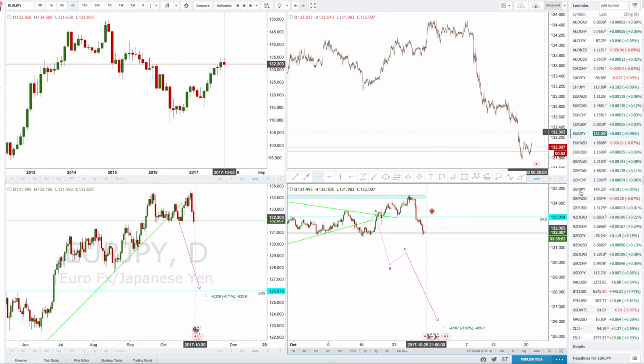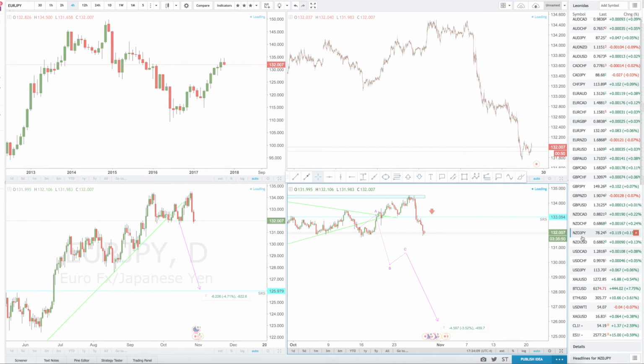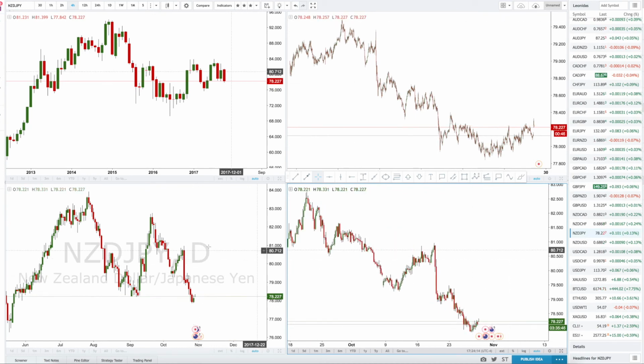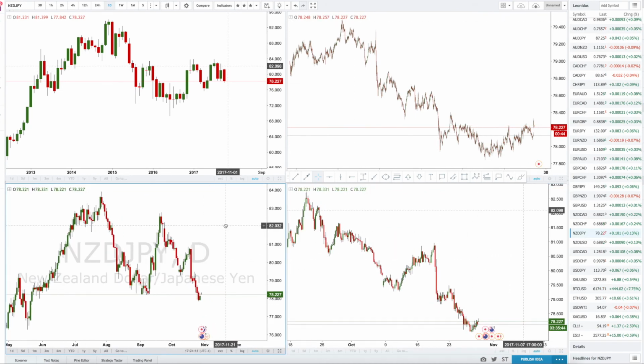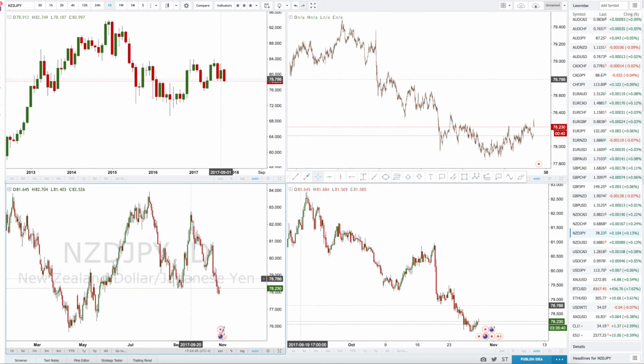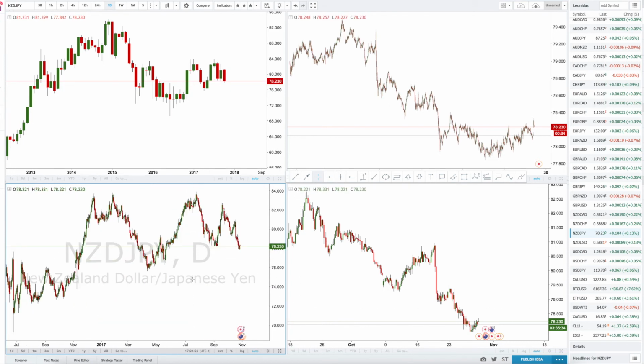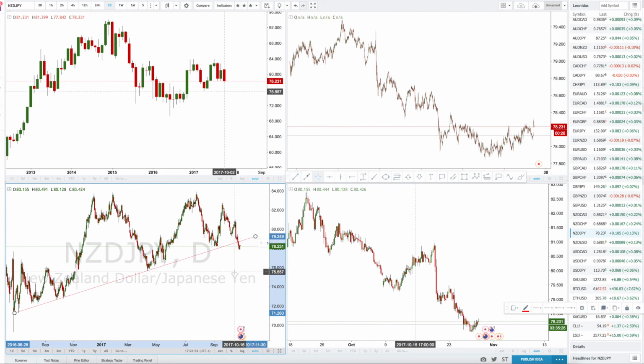Okay. Let's see, NJ. NJ, we're looking to move lower, and it's a pair I haven't looked at in a while. We got some kind of trend here, kind of a sideways sloping up trend.